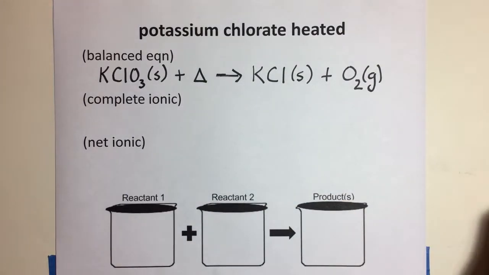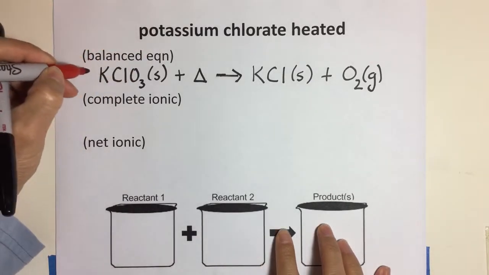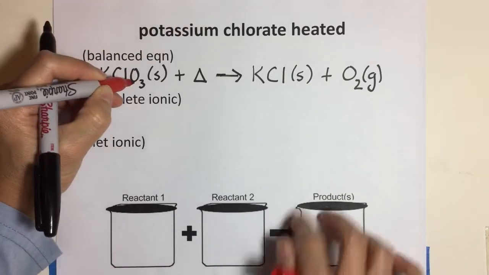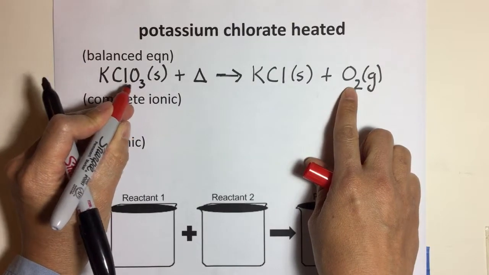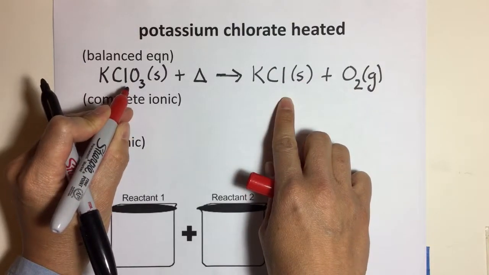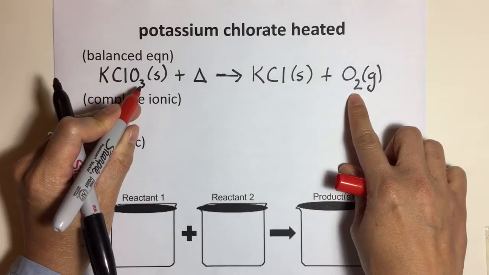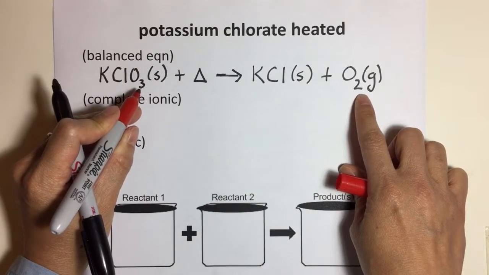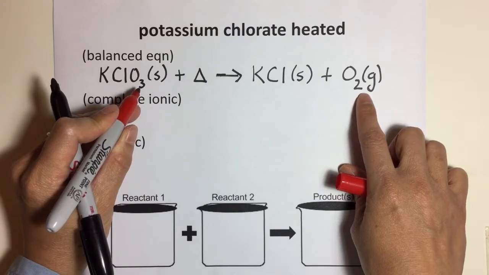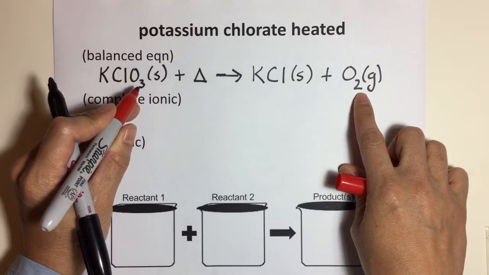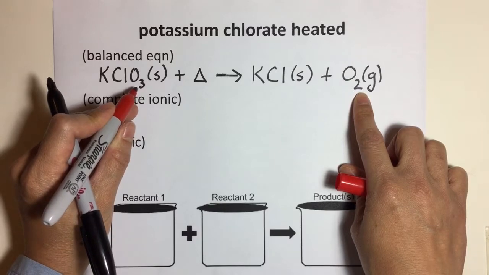So let's balance this reaction out. In balancing it out, I'm looking at the oxygens, and I'm seeing that potassium and chloride are balanced, but the oxygens aren't. And I notice the two numbers being 2 and 3. So I have to figure out a common multiple to balance the oxygens out.